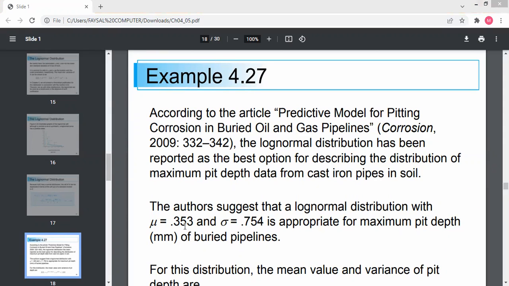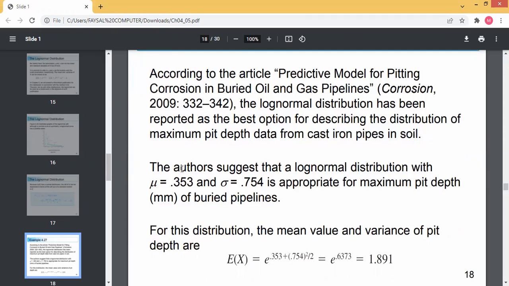The author suggested that the log normal distribution with mu equals 0.353 and sigma equals 0.754 is appropriate for maximum depth of buried pipelines. For this distribution, the mean value and variance of pit depth are as follows.